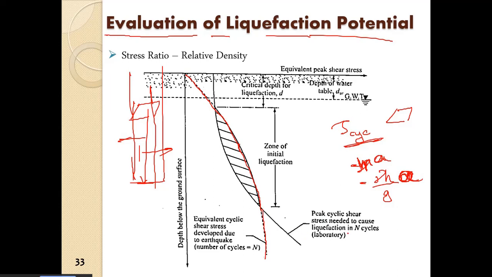Then we know that the soil will have a resistance. We have to find out the shear resistance. What is the peak cyclic shear stress needed to cause liquefaction in n numbers of cycle? Then we will plot that.